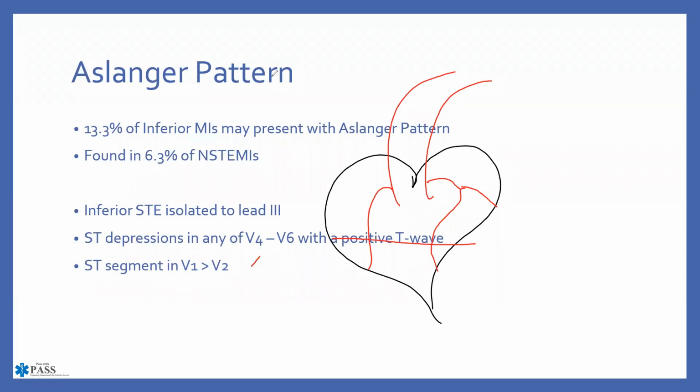Number one is the right coronary artery, this vessel right here. The other way that our inferior wall gets blood flow is from the left circumflex. It's hard to draw this, so I'll draw it as a dotted line. It basically wraps around the back and then ends up feeding that inferior wall as well.